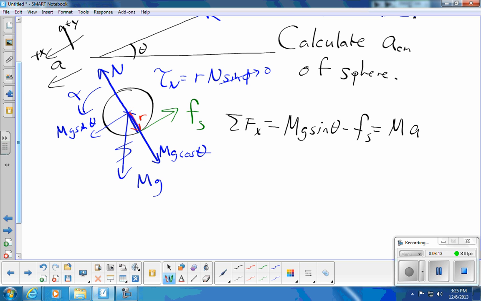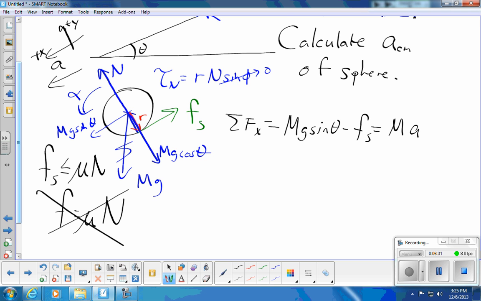By the way, some of you might be tempted to say, oh, friction force F equals mu times N. You might be tempted to do it, but please don't, because it's wrong. Now, why is it wrong? This is static friction, and static friction is less than or equal to mu times the normal force.